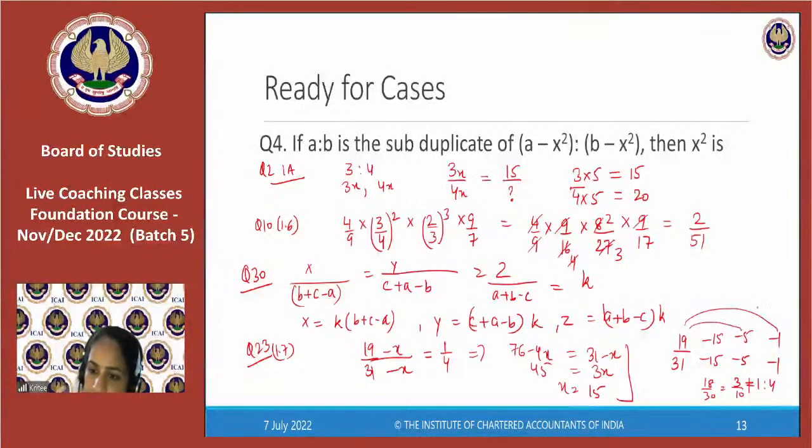Then deducting the next one, 14 upon 26, again not equal to 1/4. Deducting this, you get your answer. So this is also one of the ways of doing the question in a short manner, in less time.